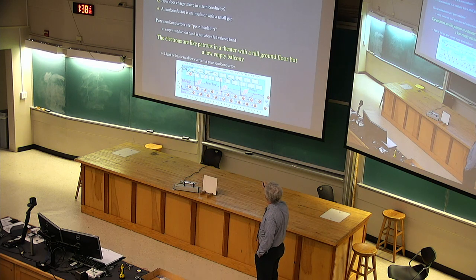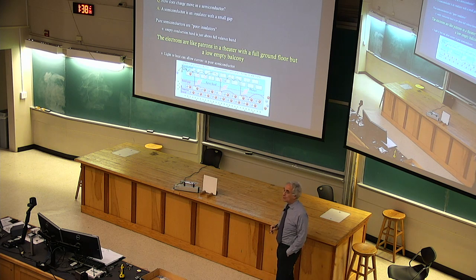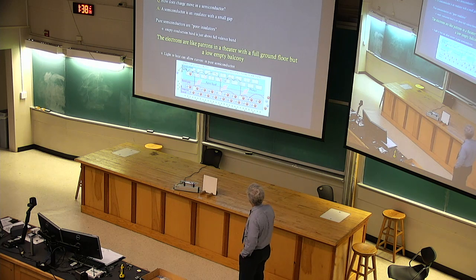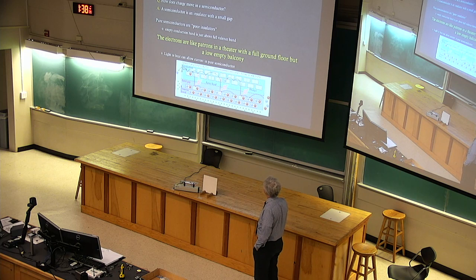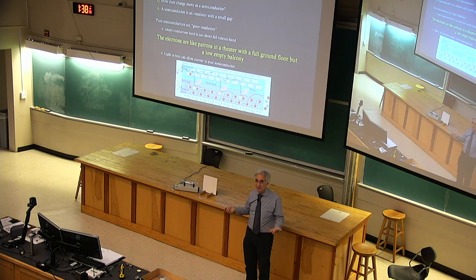And now that electron being up there in the conduction band, the balcony of my theater, can move in response to an electric field. So you put an electric field on it and off it goes. And similarly, you've created an empty seat on the ground floor of my theater, and now it provides the opportunity for things to move. So with exposure to light, silicon becomes a conductor.